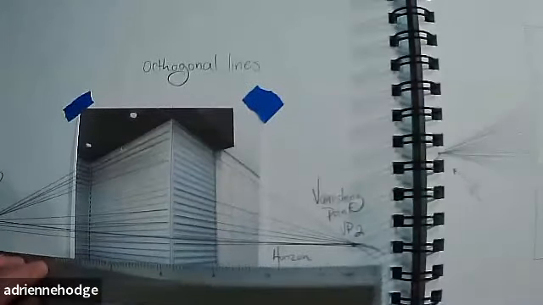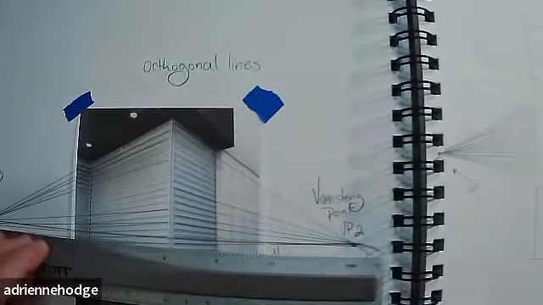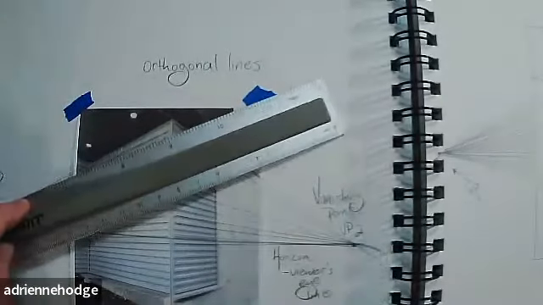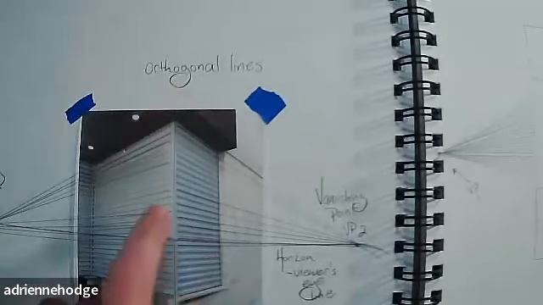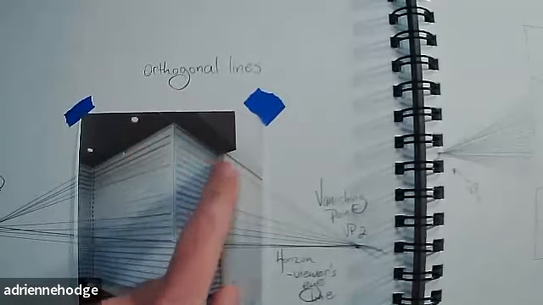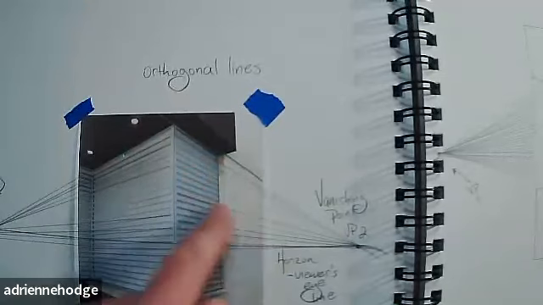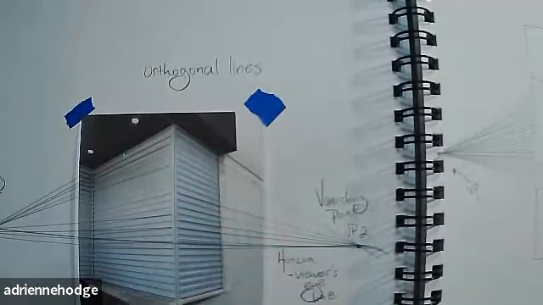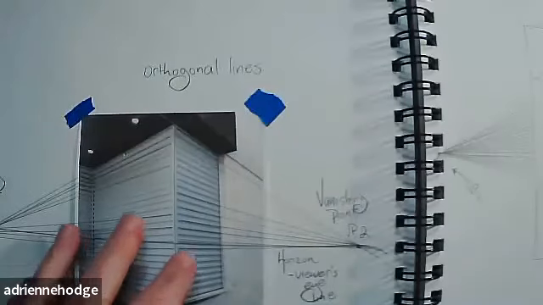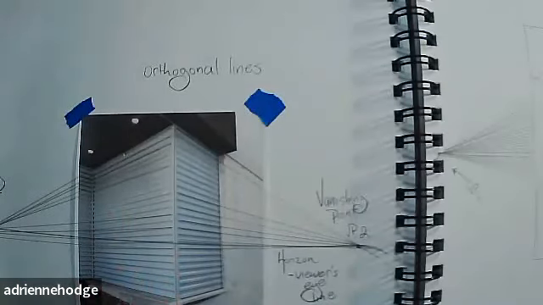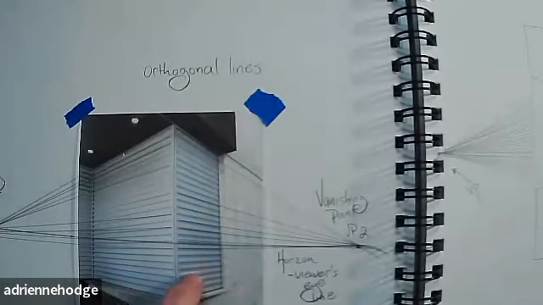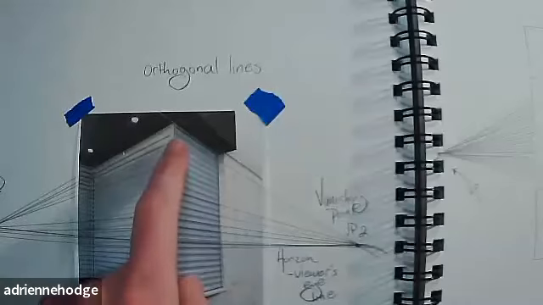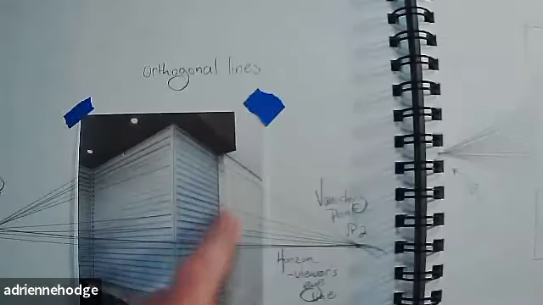last week was we found our horizon line, and we did that by basically just tracing our orthogonal lines. And the orthogonal lines are the straight parallel lines traveling away from the viewer in a setting or in an image. So in this case, in a photograph, the viewer is the photographer. So the point of view or perspective of the photographer in the image, these lines are not slanted in real life.